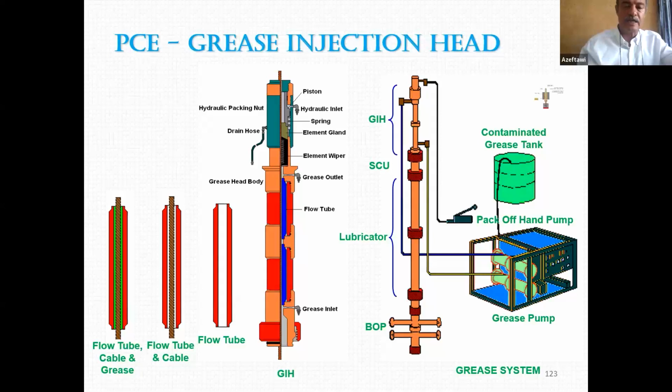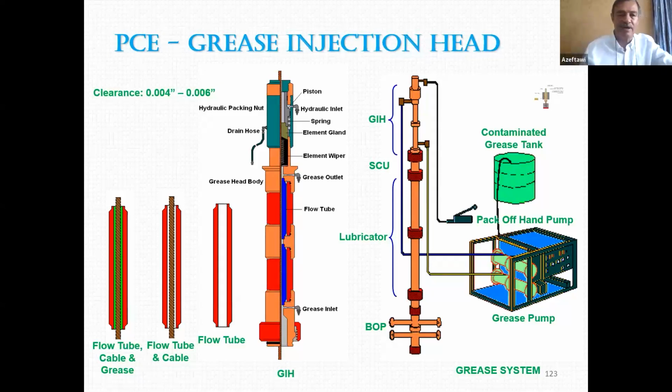And if you look at the clearance between the OD of the wire and the ID of the flow tube, I write it here, it's almost 0.005 of an inch. So the volume that you fill in this part is very, very small.